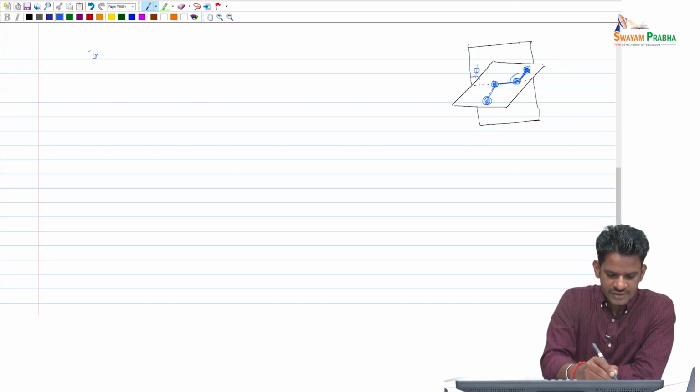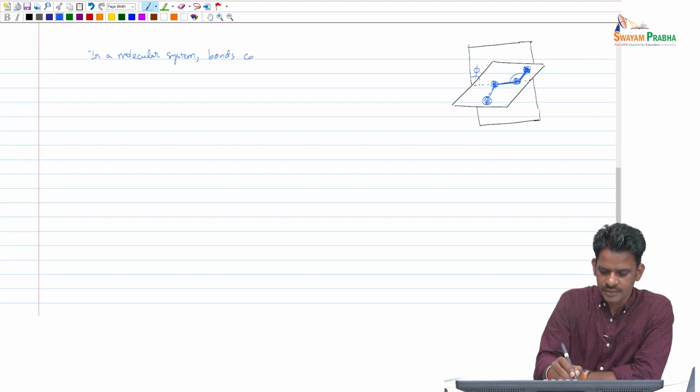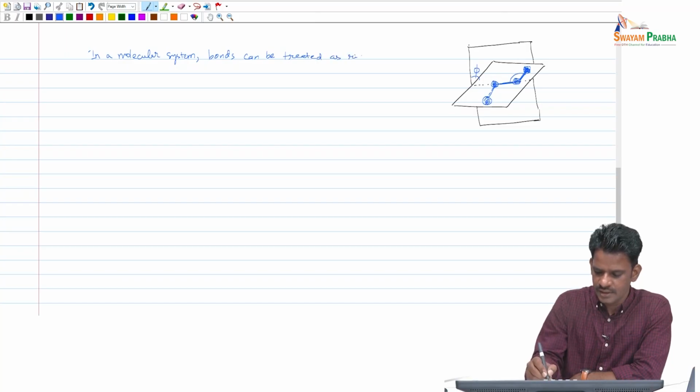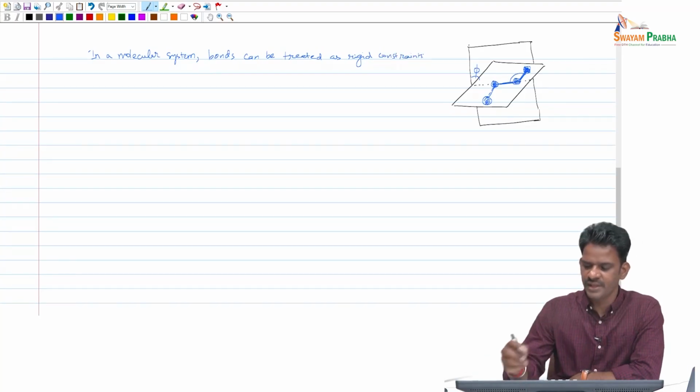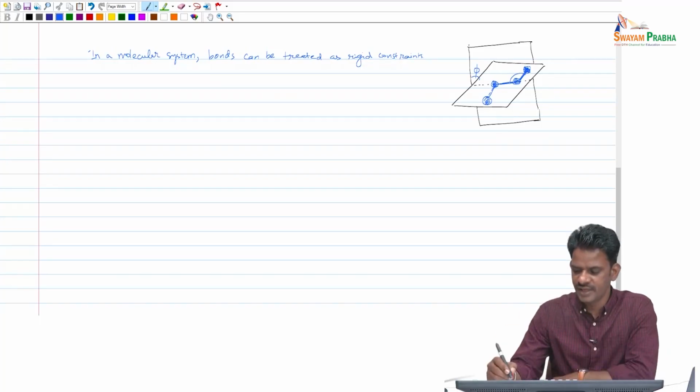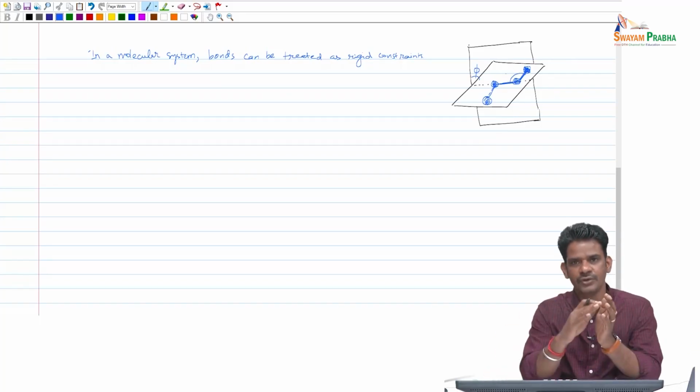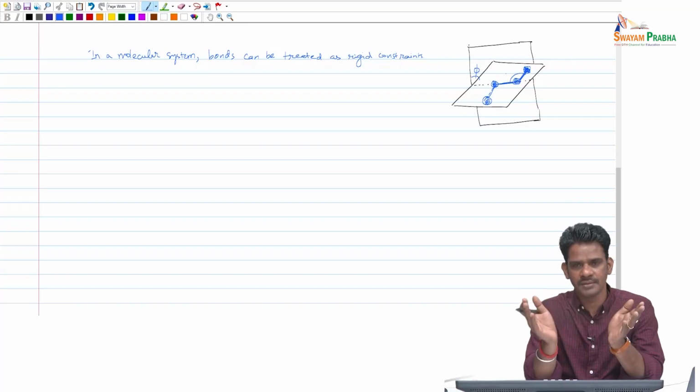So, in a molecular system, bonds can be treated as rigid constraints. That means in this particular example the molecule will be allowed to undergo angle bending.